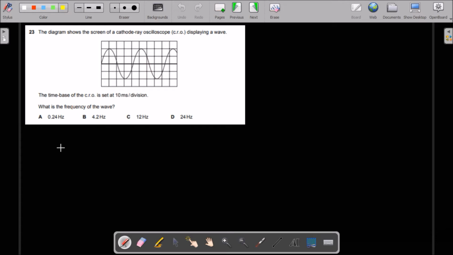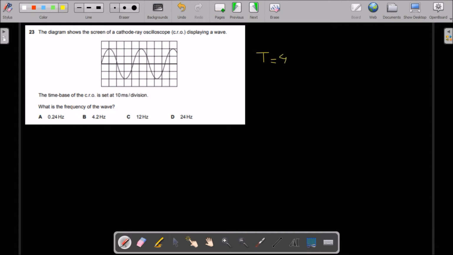Okay. First of all, we should find time for one complete oscillation, which is called time period. So time period will be, as you can count squares for one complete oscillation, 1, 2, 3, 4, nearly 4.